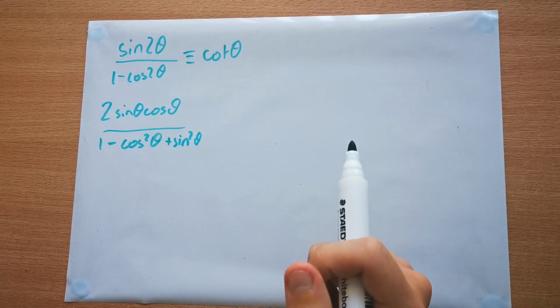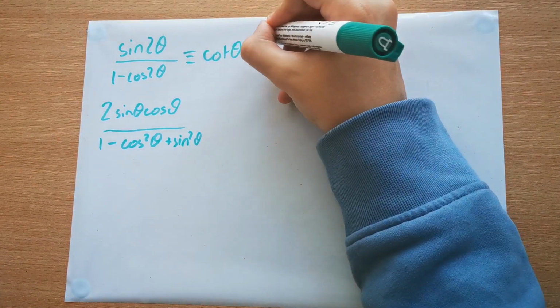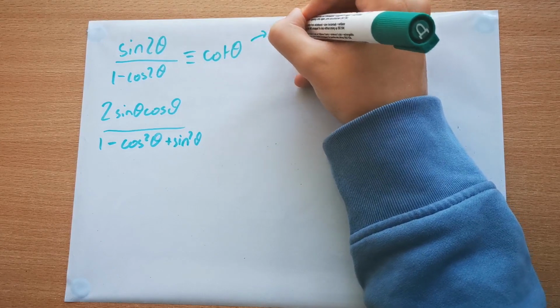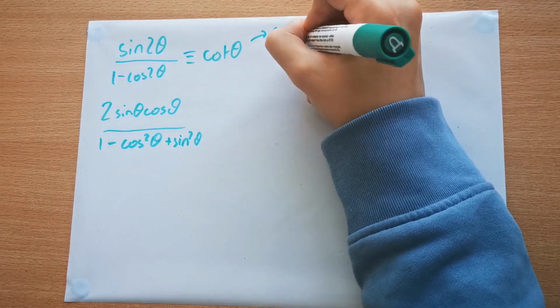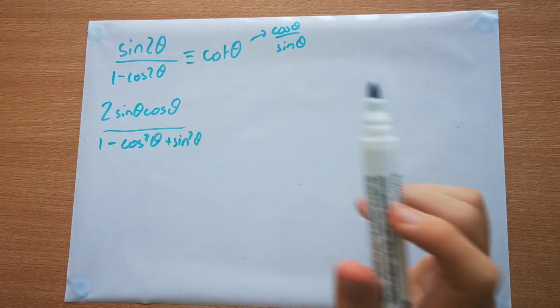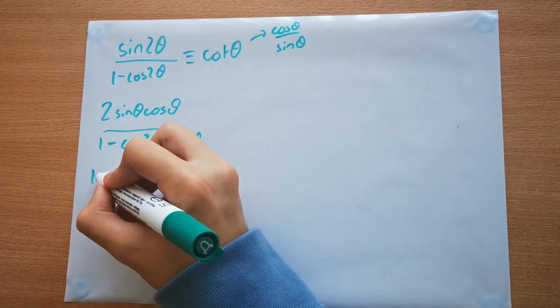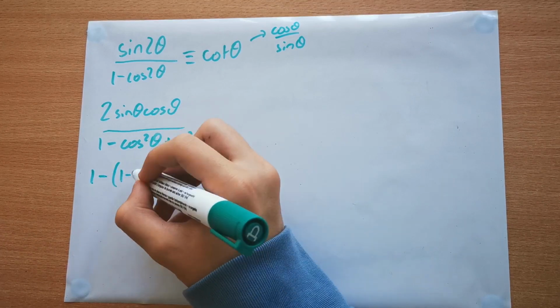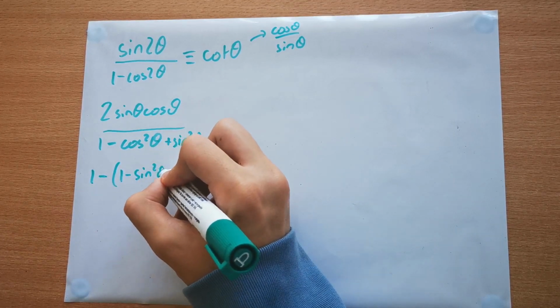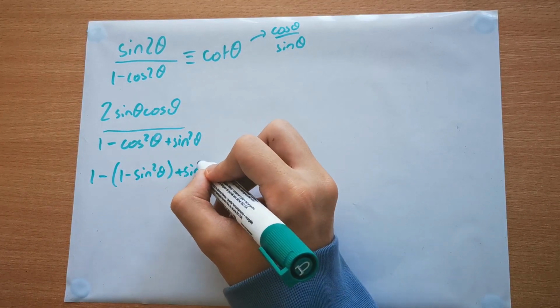So what do we do now? Well, we want cot theta. Remember that cot theta is cos theta over sine theta. So we want sine thetas on the bottom and cos thetas on the top. Well, here's a cos that we could change into sine quite easily. So 1 minus (1 minus sine squared theta) plus sine squared theta.